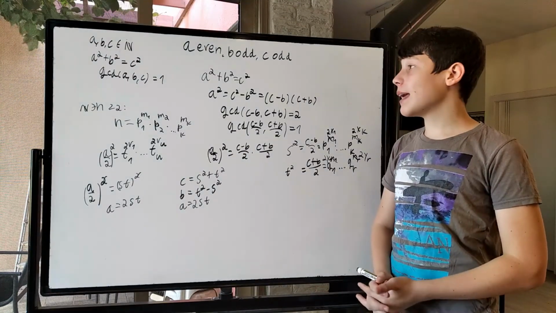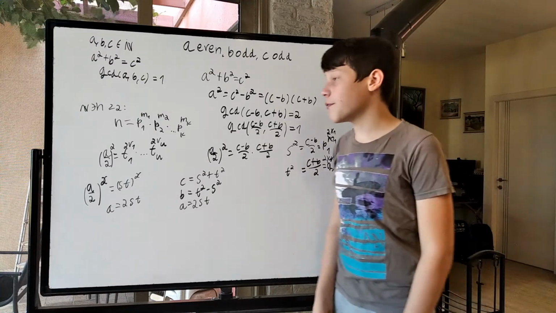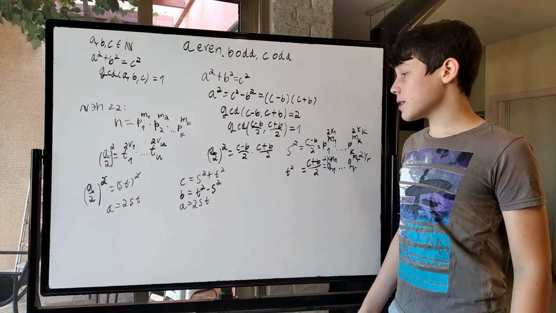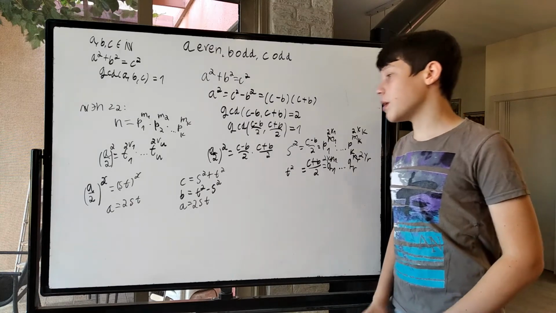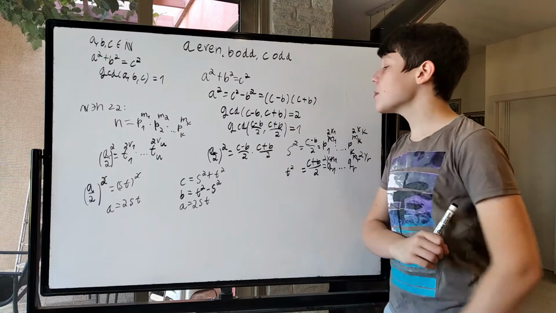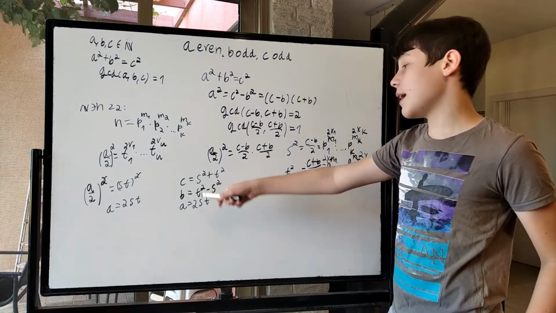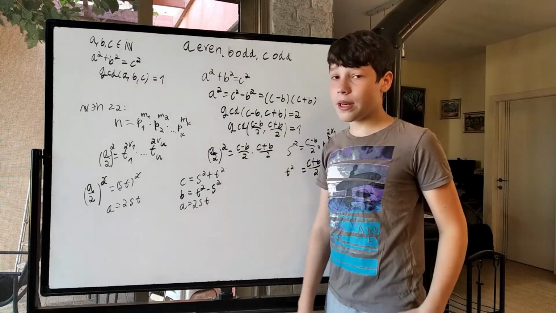Okay, now that we have a formula for all of the primitive Pythagorean triples, just by substituting in co-prime natural numbers s and t into here, and t does need to be bigger than s for b to be a natural number.